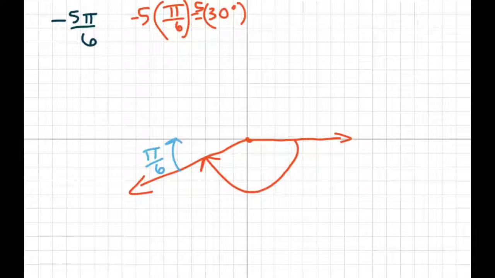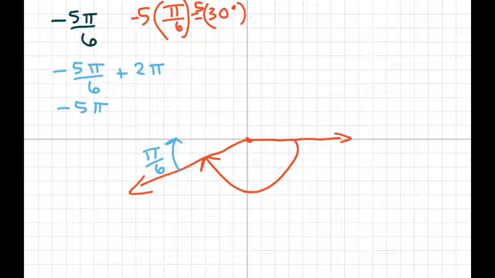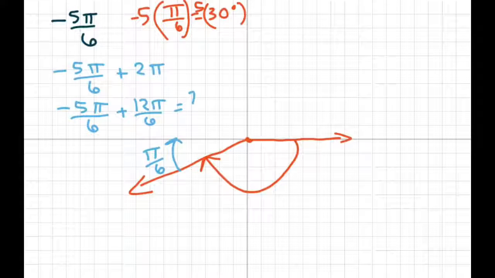All right? Now, using the formula for quadrant 3, the first thing you'd want to do is probably make this coterminal. So you're going to add 2 pi, and your negative 5 pi over 6 plus 12 pi over 6 gives you 7 pi over 6.